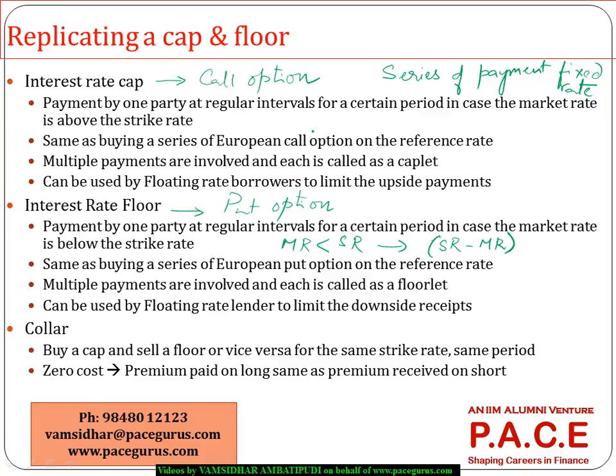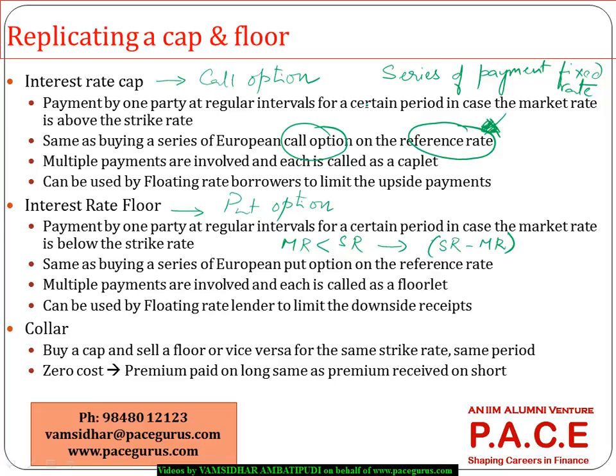Otherwise, even this is the same as a call option on some reference rate, right? If the actual market rate is greater than the reference rate, the difference between the two rates multiplied by the notional principal amount is the benefit that the call option buyer is typically getting.